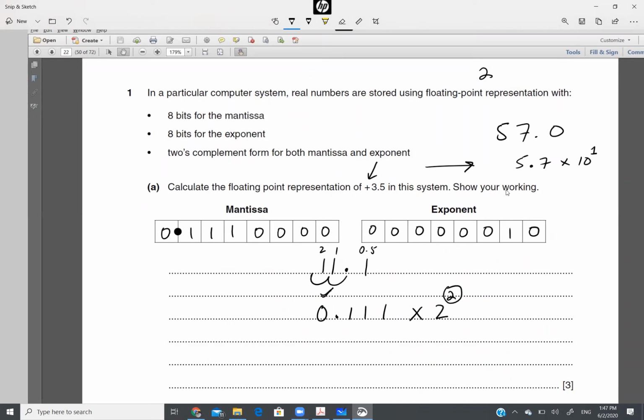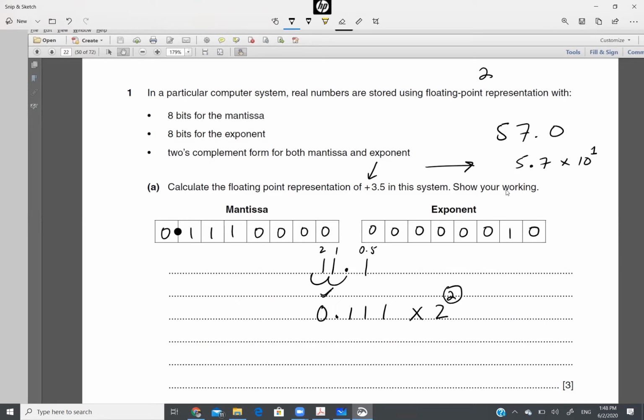Always, mantissa in computers and digital systems, in whatever form they are being used, is fixed. You set 8 bits for mantissa, you set 8 bits for exponent, and if you need to represent plus 3.5, it will be represented like this. There is no other way, because the decimal point is fixed on its position after the first bit. So this is your answer.